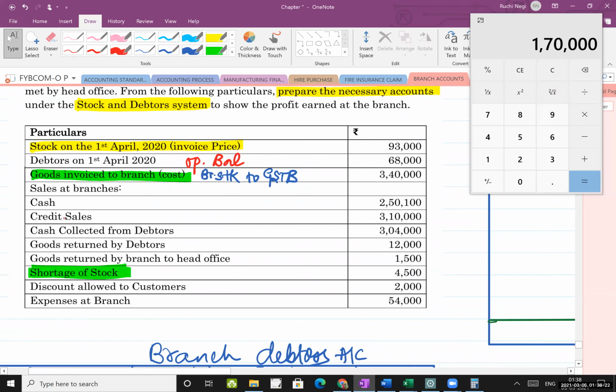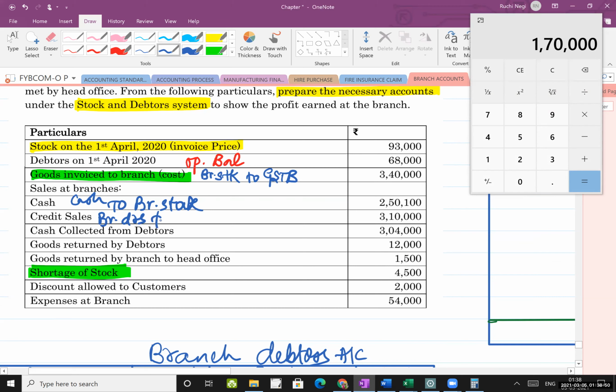Next, sales at branch. So first is the cash sales. My journal entry is going to be cash is coming in, cash account debit. What will be the entry for cash sales? Cash to branch stock. And the entry for credit sales will be branch debtors to branch stock.